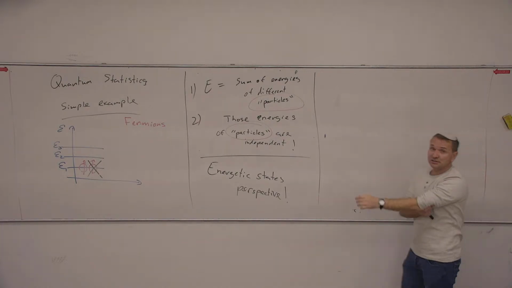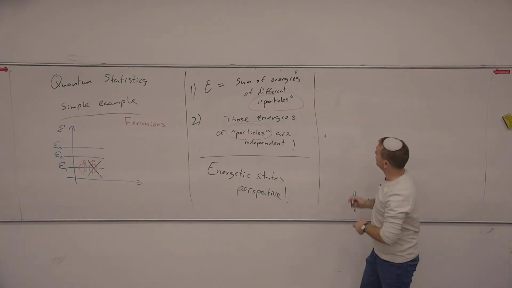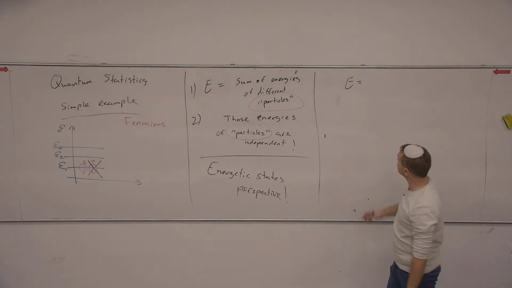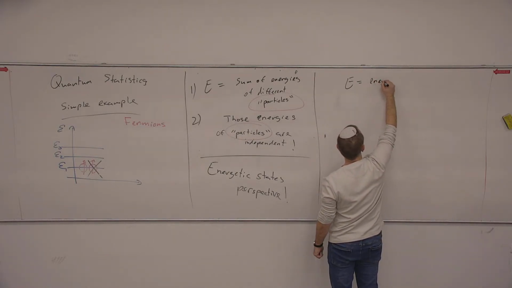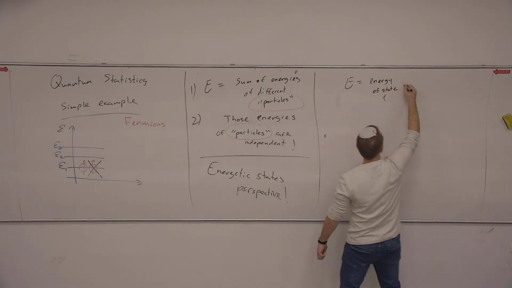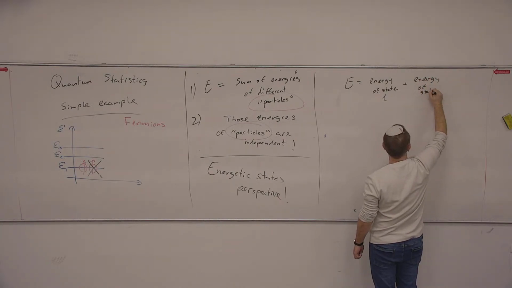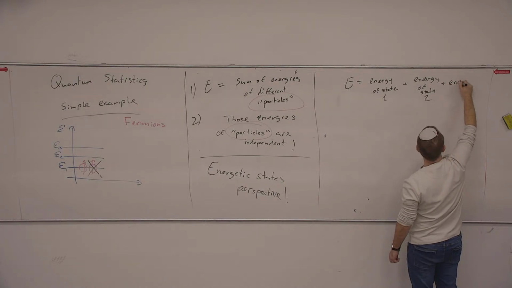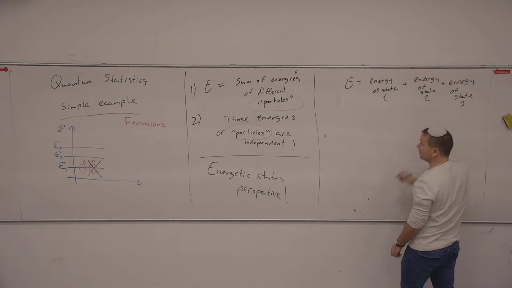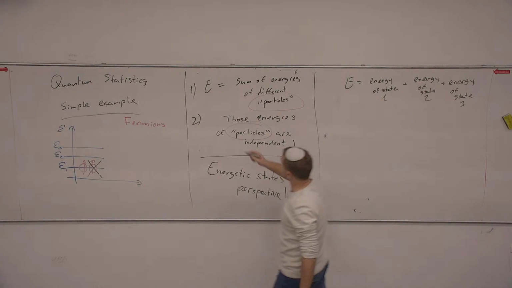In order to use this factorization trick, we need to satisfy those two things. First of all, the total energy of the system is the energy of state 1 plus energy of state 2 plus energy of state 3. So great, the first condition is satisfied.